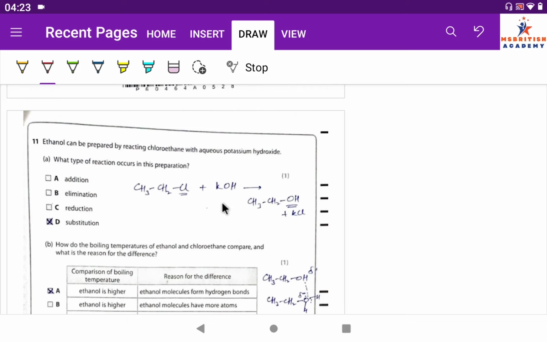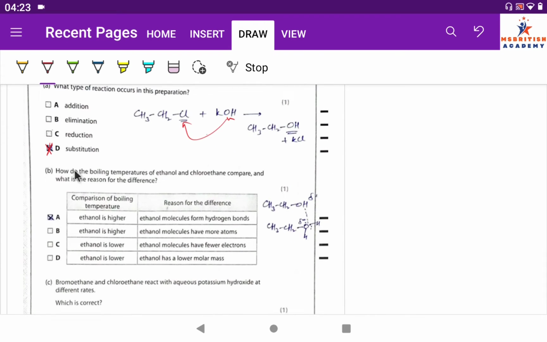You can see here, this OH group replaces this Cl group. So you can simply say it's a substitution reaction. So D.